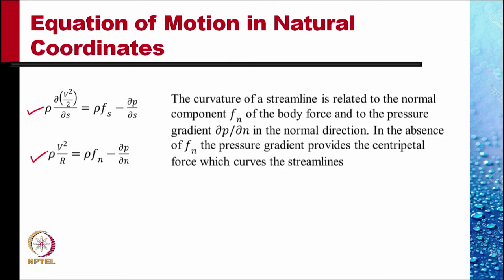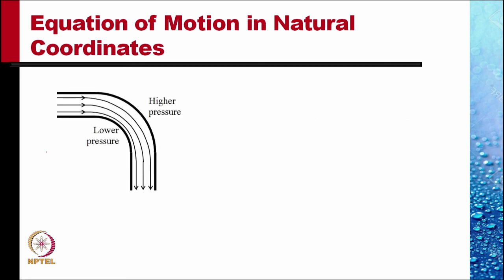The curvature of a streamline is related to the normal component Fn of the body force and to the pressure gradient del P by del N in the normal direction. In the absence of Fn, the pressure gradient provides a centripetal force which curves the streamline. So consider the flow through this elbow.